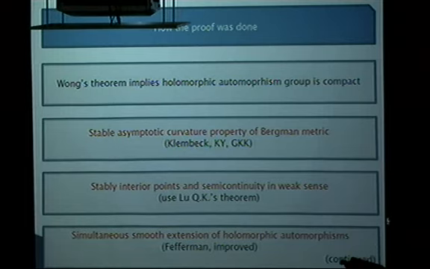The reason why I used red fonts over here is that this is something to improve. So we want C2. Indeed, it is possible. For a single domain, Jie Yu and myself proved Klembeck's result precisely with the C2 boundary. Of course, we couldn't use Charles Fefferman's asymptotic expansion because we don't know how to do it for the C2 boundary. It really requires lots of derivatives.